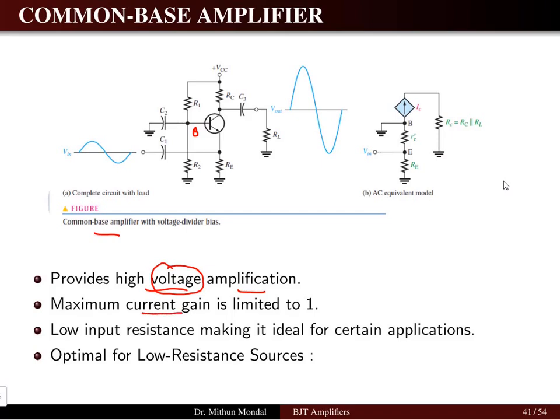The current gain is limited to 1. So it means there is no change in the current from the input to output, and low input resistance makes it ideal for certain applications and optimal for lower resistance sources.